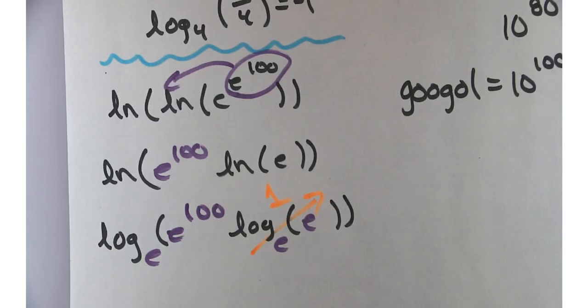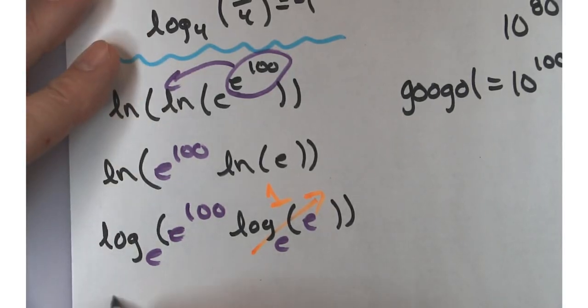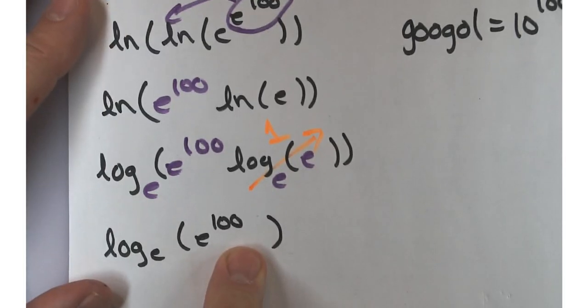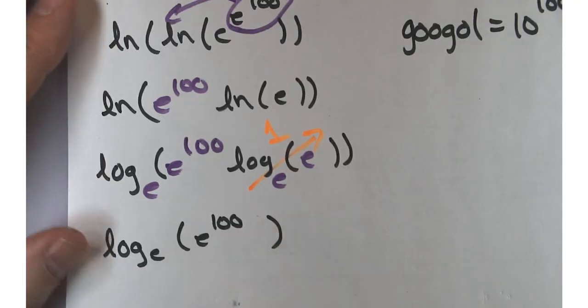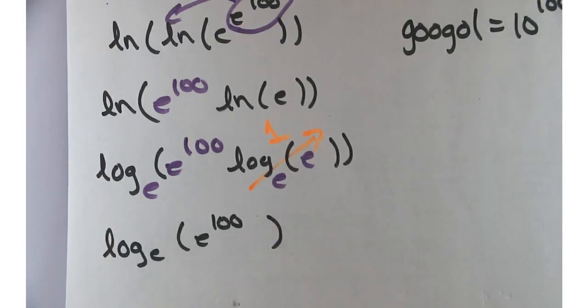So what do we end up with here? Well, we end up with the log base e of e to the 100. Do I really need to put the times 1 here? Times 1 is not going to change anything, so I'll just leave that off. Can you simplify that any further? Is it just 100? Yeah.